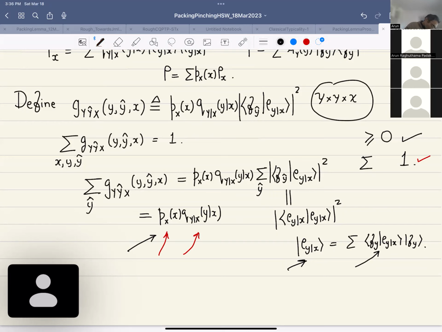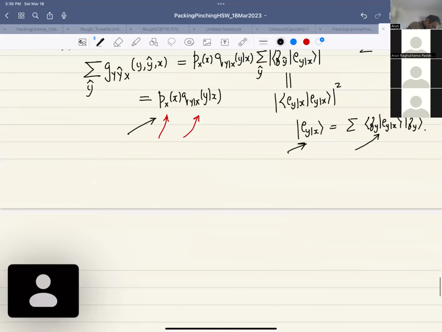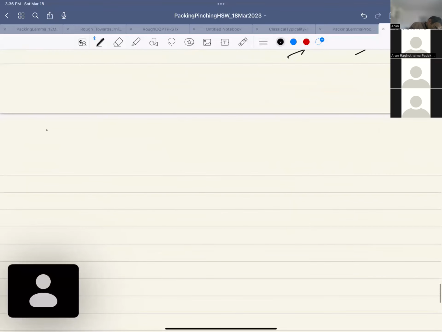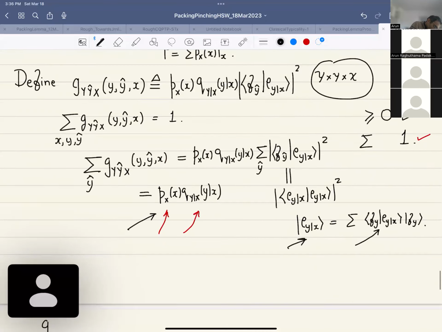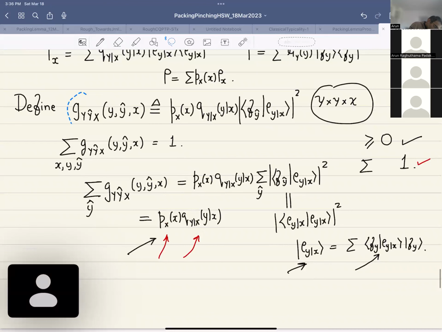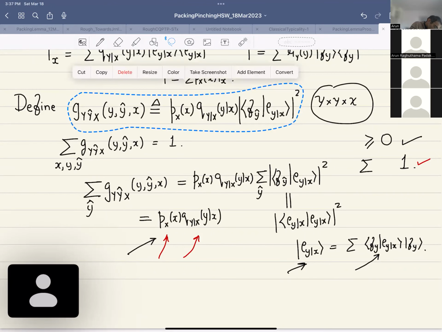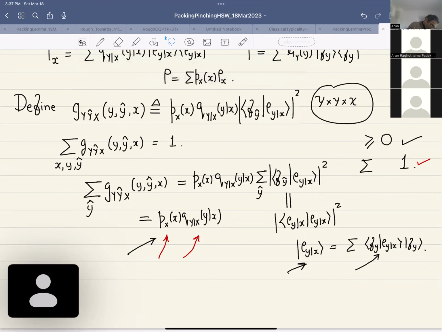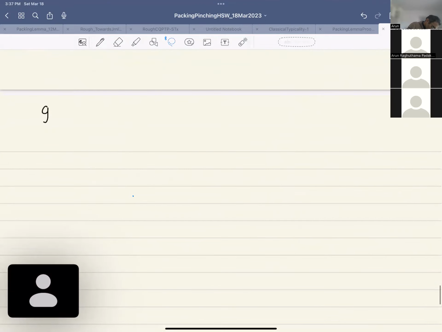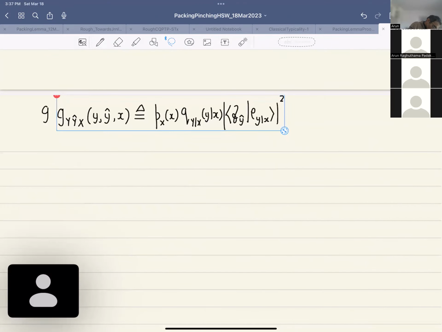Great. What else can we say about it? So let's look at G. I'm just going to copy paste that. What is the marginal G y x, G of y comma x?